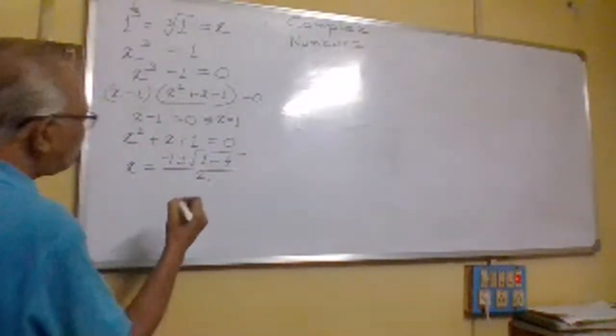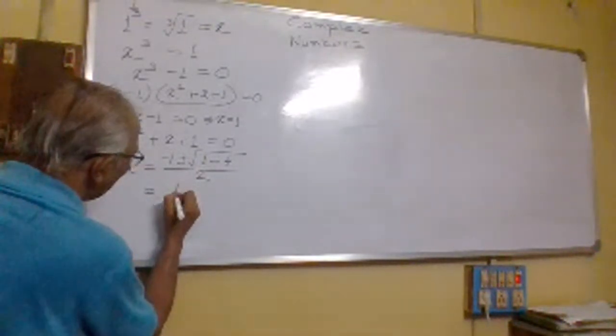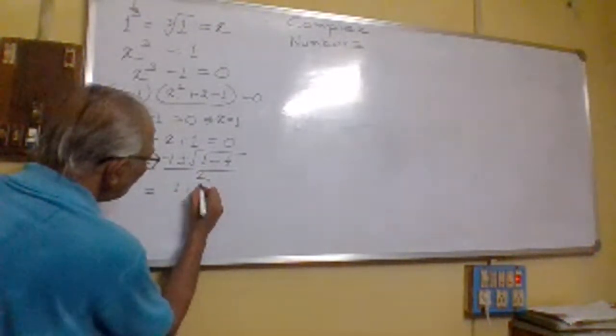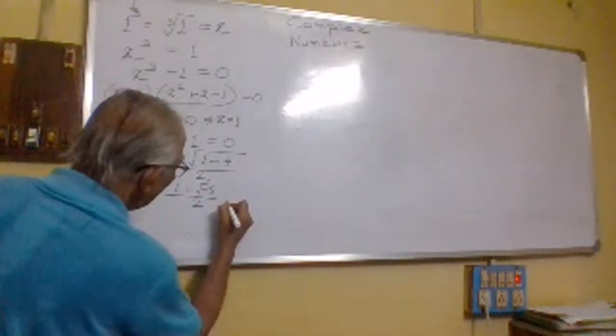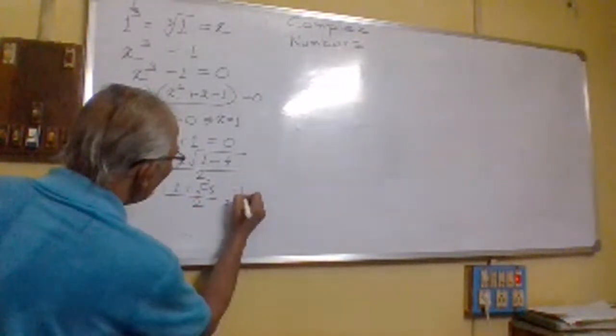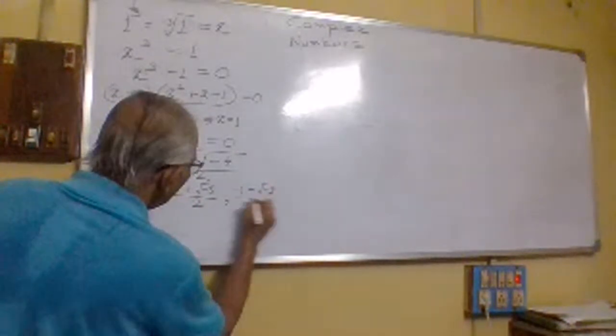This will be the solution. That is what we are getting: minus 1 plus root of minus 3 by 2. Another we are getting: minus 1 minus root of minus 3 by 2.